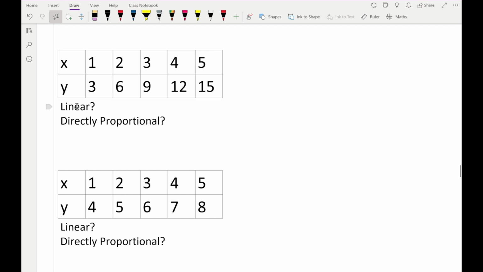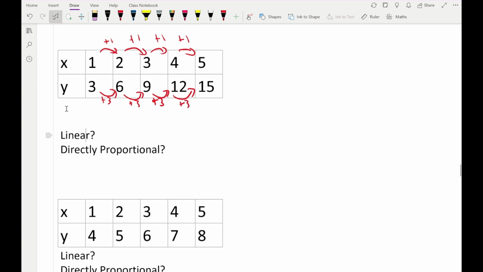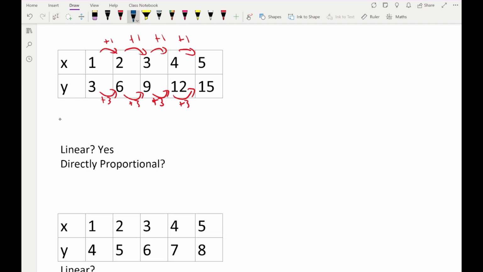Here we go. Is this linear? Well, let's check. Plus 1, plus 1, plus 1, plus 1, plus 3, plus 3, plus 3, and plus 3. This indeed is linear because it goes up by the same amount each time. So yes. Now let's look at what happens when we divide the two numbers.